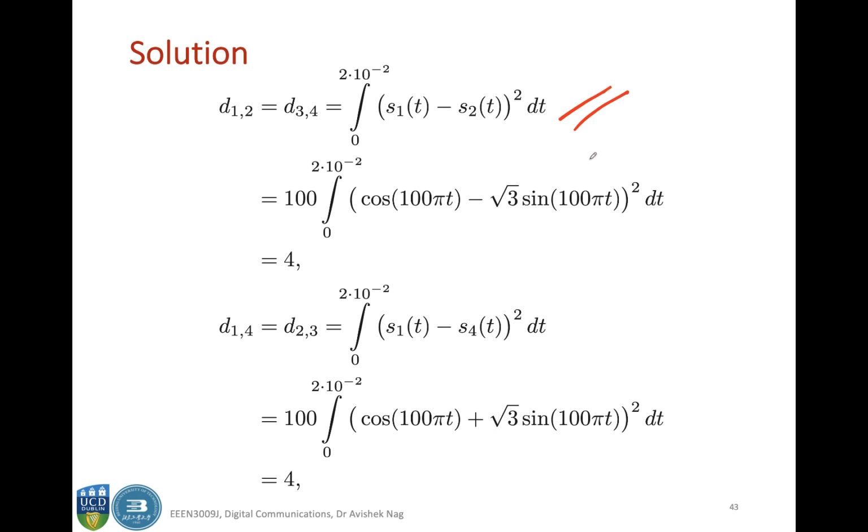If these two signals are vectors, then the distance squared is calculated by integrating the difference squared of the signals. So the distance between S1 and S2, D12 squared, is calculated as this.